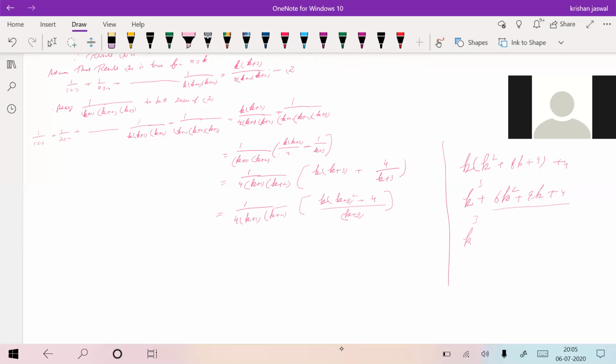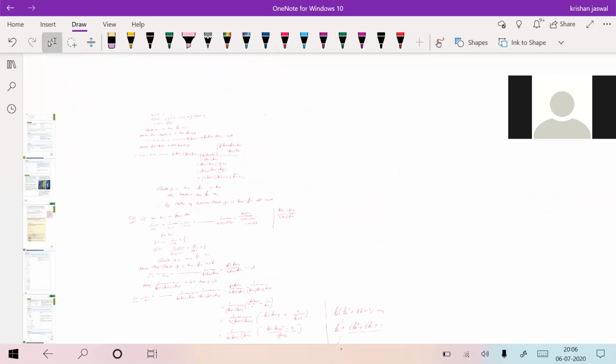k cube, k plus 1, k plus 2, k plus 3. Now solve the result.